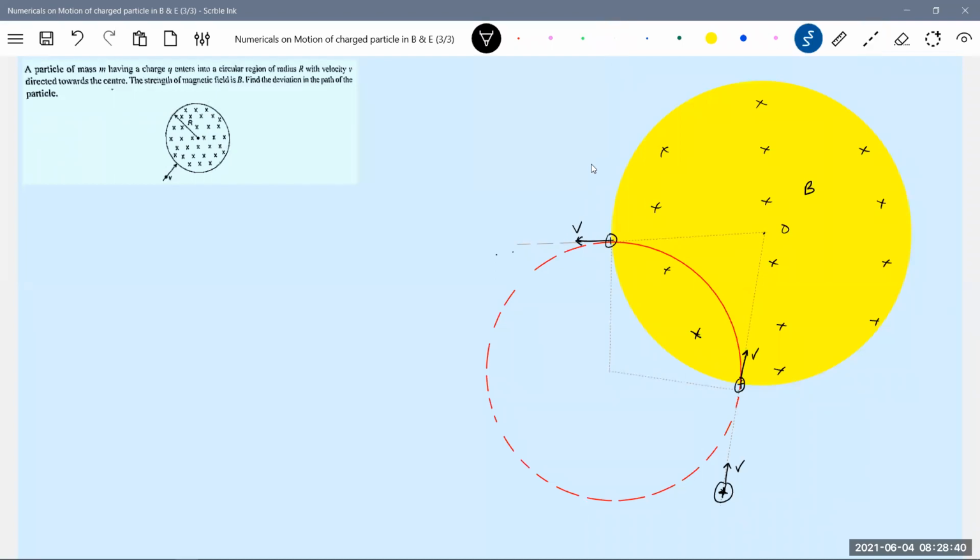Let the radius of the magnetic field region be R. The radius of this path, let it be small r. This is O. So one reference line I will draw. Yes, now we can get into the concept.